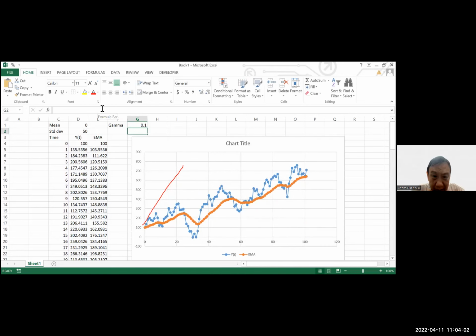Now you see the EMMA is smoother, right? When your data is going up on the trend and going down on the trend, the EMMA is following that trend. Of course, there is a delay, right?